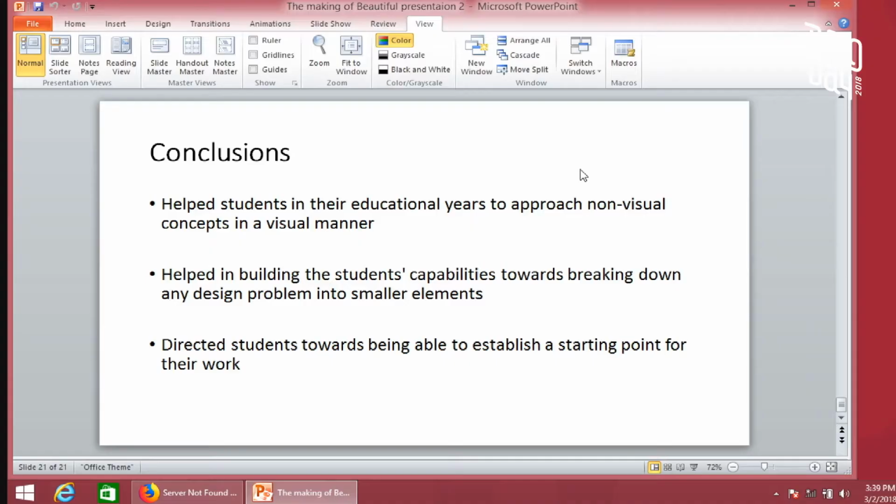So it becomes a method to develop their own criteria for designing any design problem. It helps students in their educational years to approach non-visual concepts in a visual manner, helps build the students' capability towards breaking down any design problem into smaller elements, and directs students toward being able to establish a starting point for their work. Thank you very much.